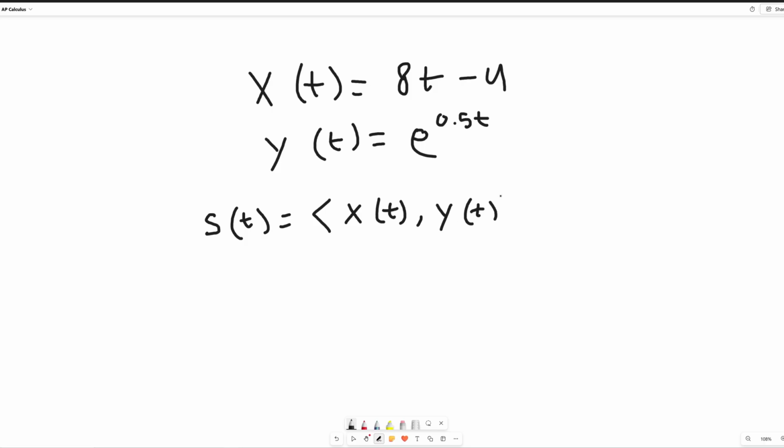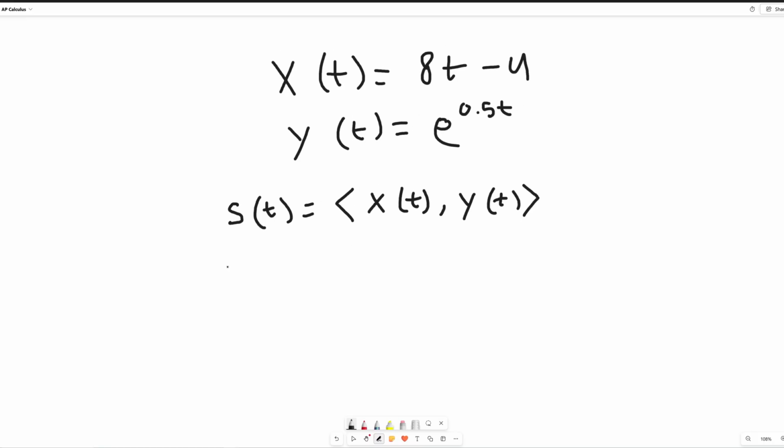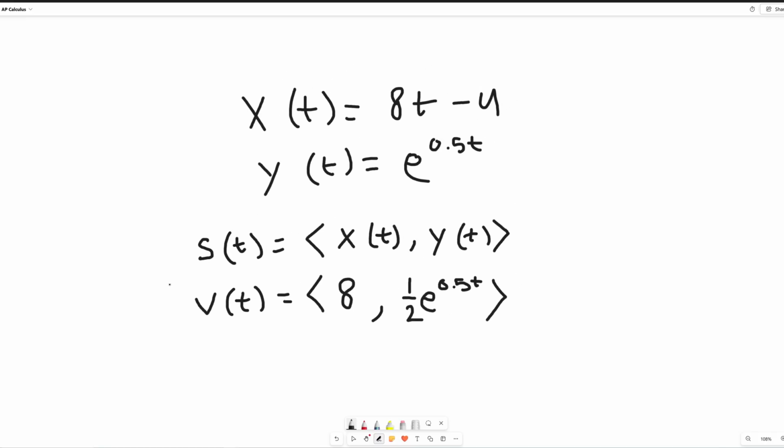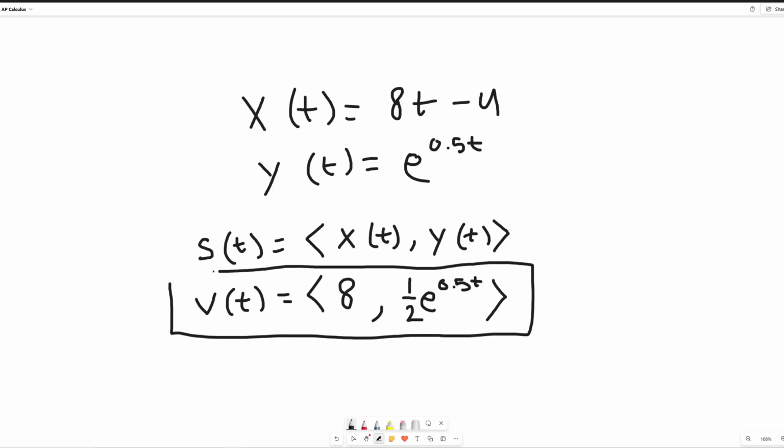If I said to find the velocity function, v of t, all you would do is take the derivative of this function and put it in place of your x prime of t, and then the derivative of this function takes the place of the y prime of t. So this would be our velocity function.